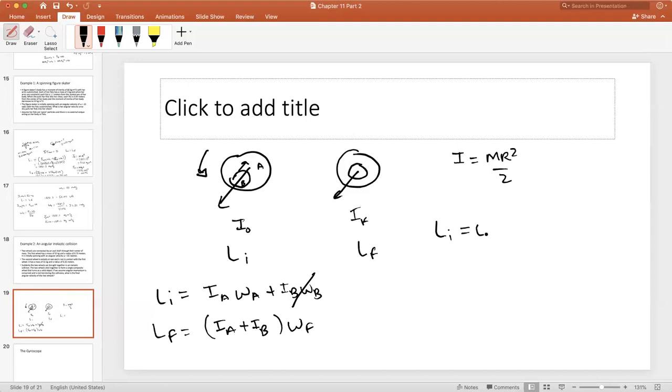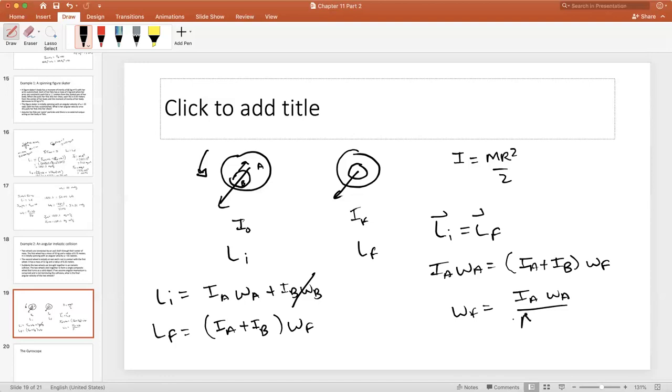Assuming there's no net torque, we have conservation of angular momentum. So what we have here is I_A omega_A is equal to I_A plus I_B times omega final, or that omega final is I_A omega_A divided by I_A plus I_B. Now I_A is, we said this was 55 kilograms and 0.75 meters in radius squared.